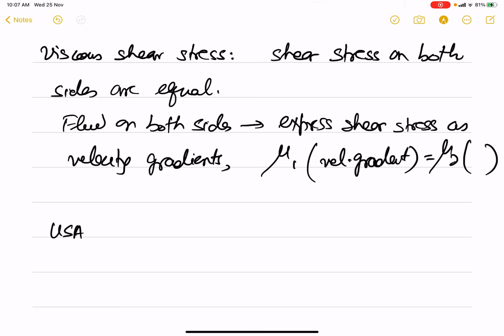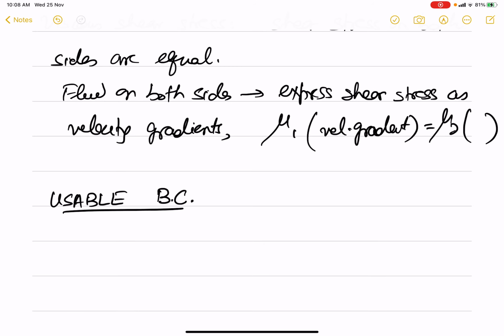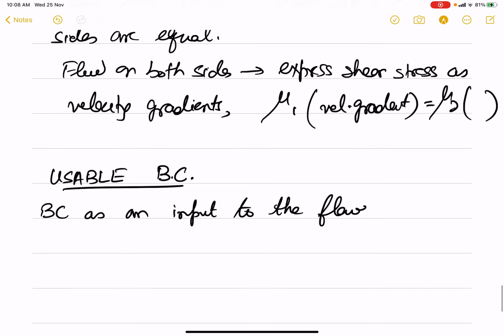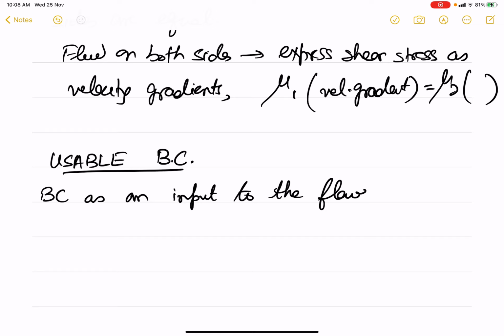Next, we look at what I call usable boundary conditions. What I mean is that while we have given these boundary conditions, we are looking at boundary conditions as an input to the flow. Sometimes some of these will also be used from the output side.